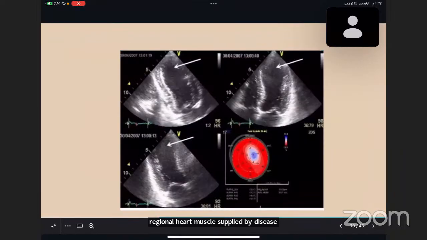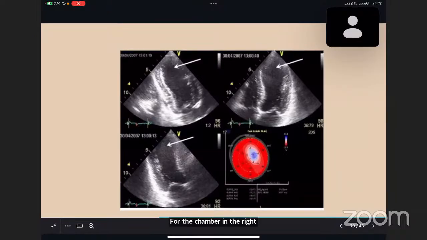Then in this picture we show left ventricle wall motion abnormality in the apex in systole, in the apical two-chamber view. The left upper panel is the two chamber, the four chamber is on the right, and the three chamber is at the lower left.